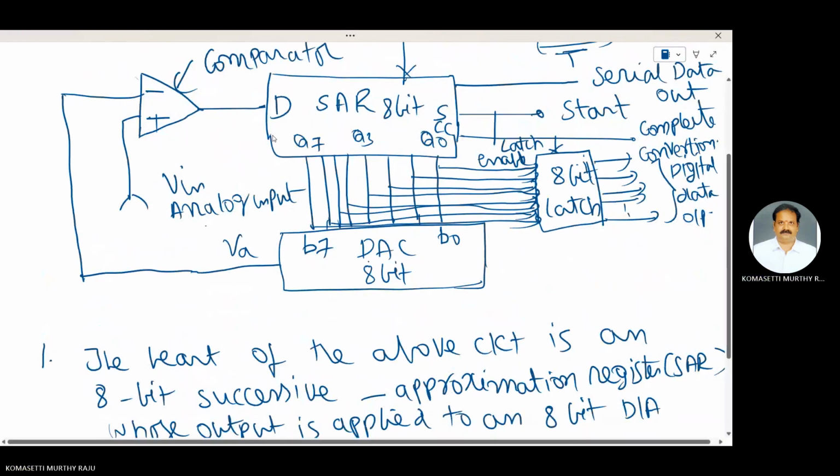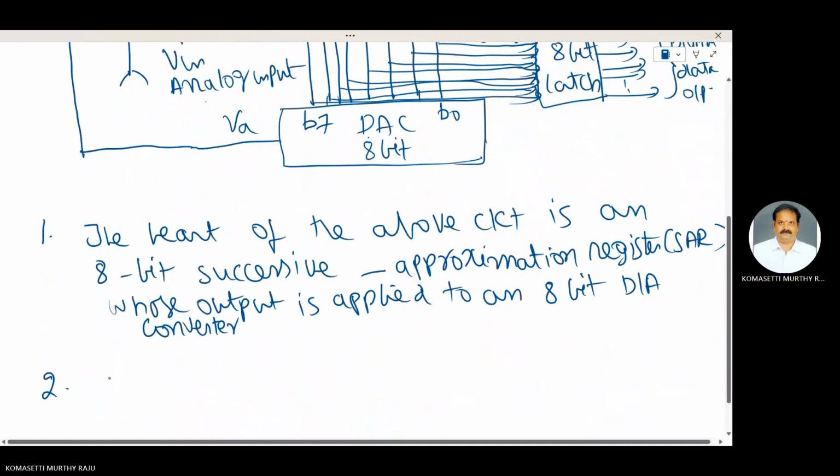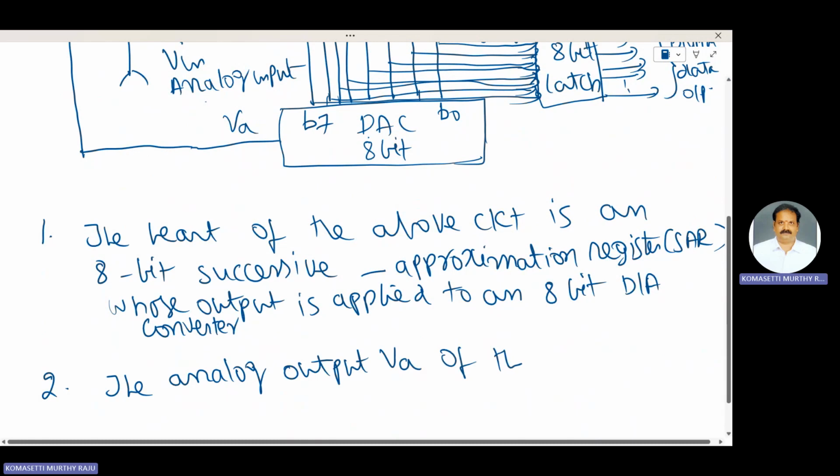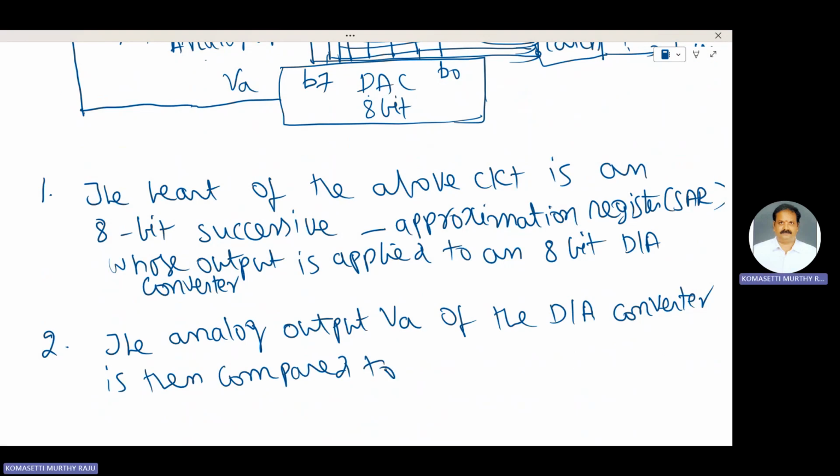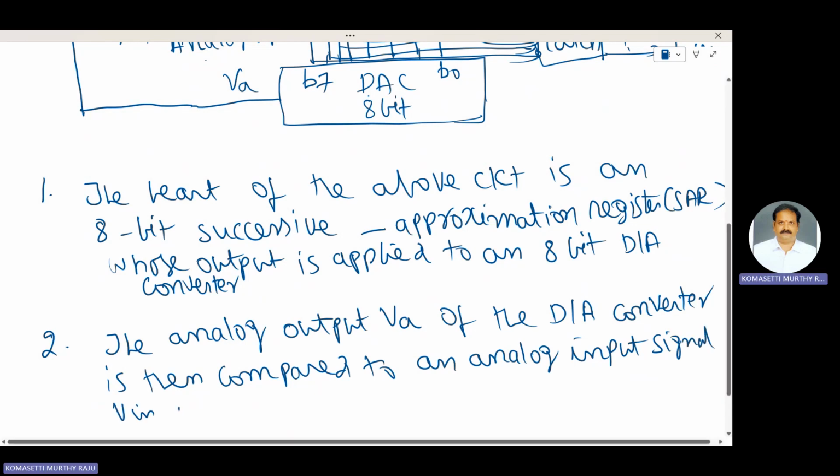Second point here: the analog output VA of the digital to analog converter is then compared to an analog input signal VIN by the comparator.